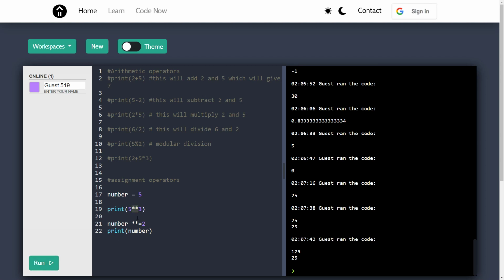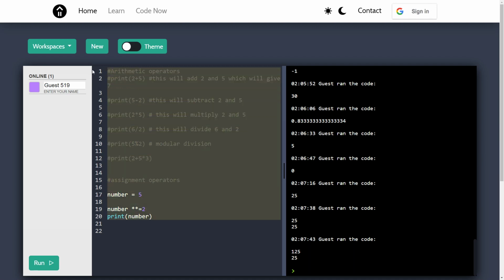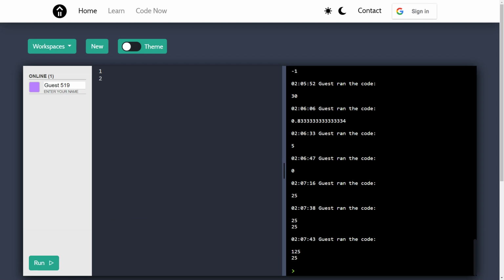So this is how exponentiation works, and that's how it works on this. So that is basically what an assignment operator is. I'm going to comment this out now. Actually, I'm just going to remove everything now as we move on to comparison operators.